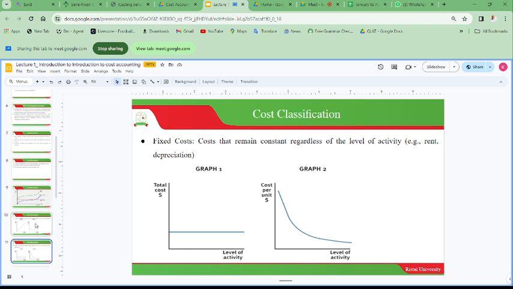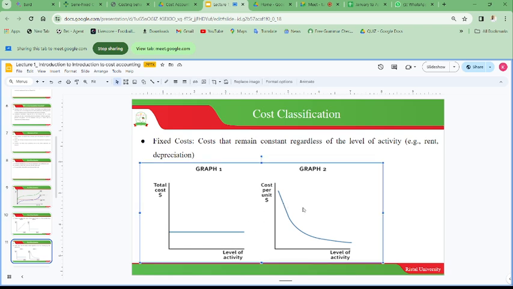In other words, the fixed cost is a cost which is incurred for an accounting period and which, within a certain activity level, remains constant.